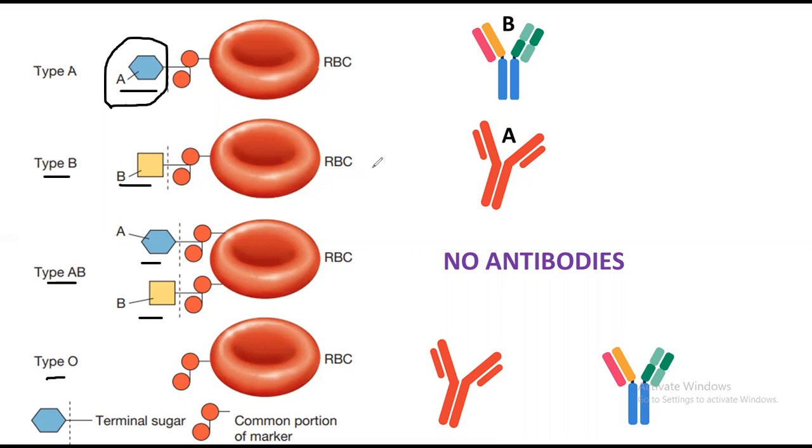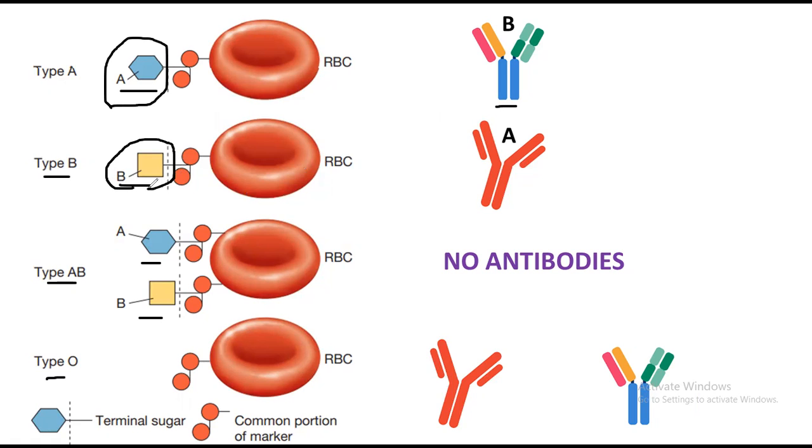Now the second thing is antibody production. For example, if a person has blood group A, he has antigen A over his RBC, so that person will not produce antibody A against that antigen, because it is his own antigen. He will have antibody B in his blood. If a person has blood group type B, he will not produce antibody B against that antigen, because it is his own self antigen.